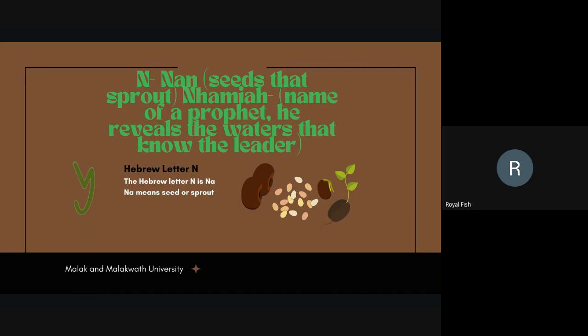Okay, Nehemiah. So he has a na, which is seed, ha, which is to reveal, ha, which is to reveal, ha, which is to reveal, ma, which is waters or sea, which is knowledge, a, which is lead, and then ha, which is to reveal.